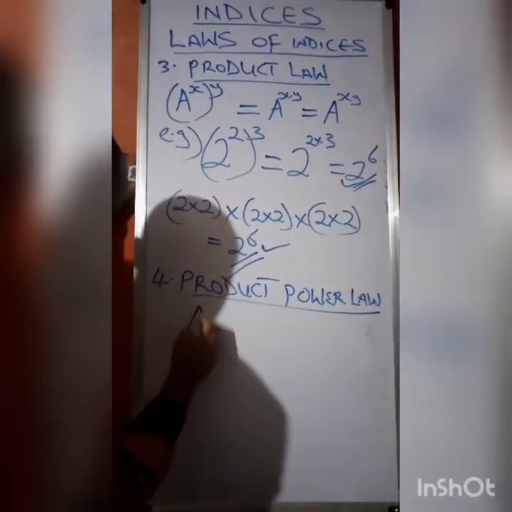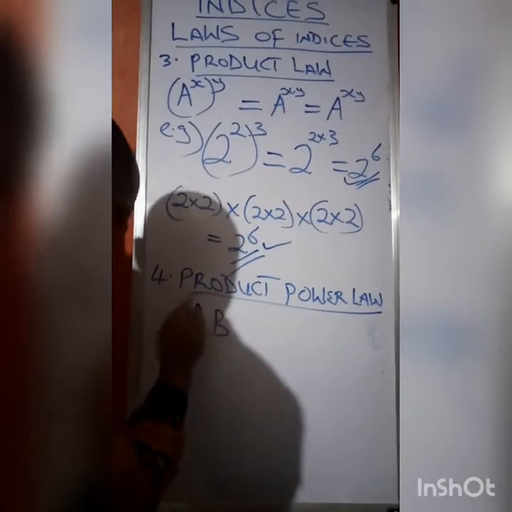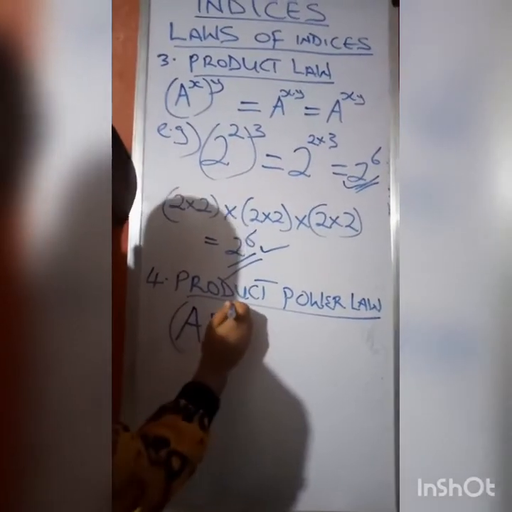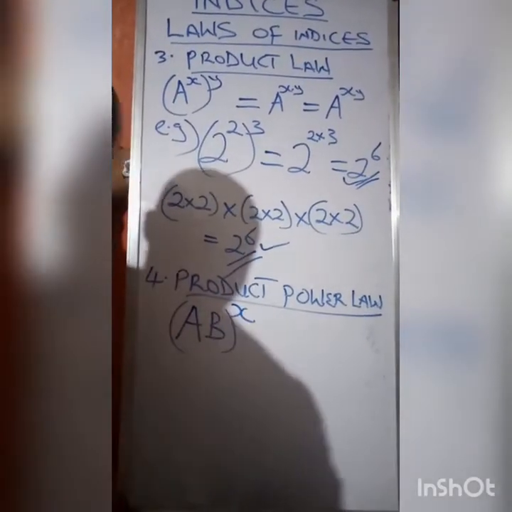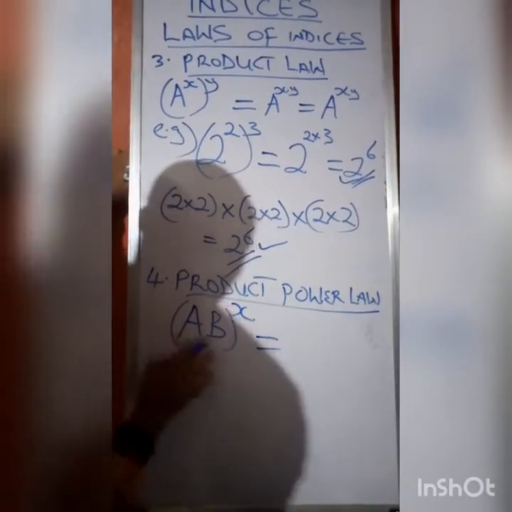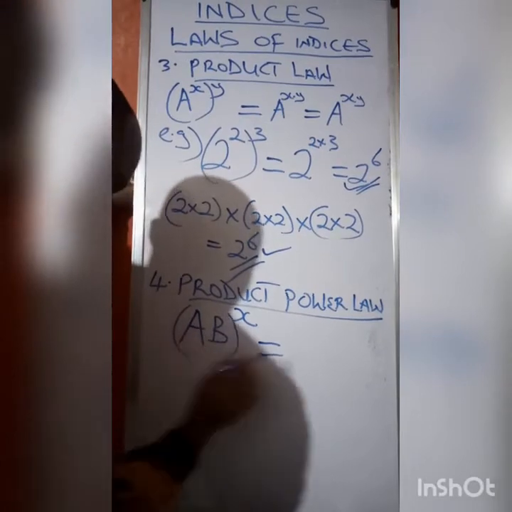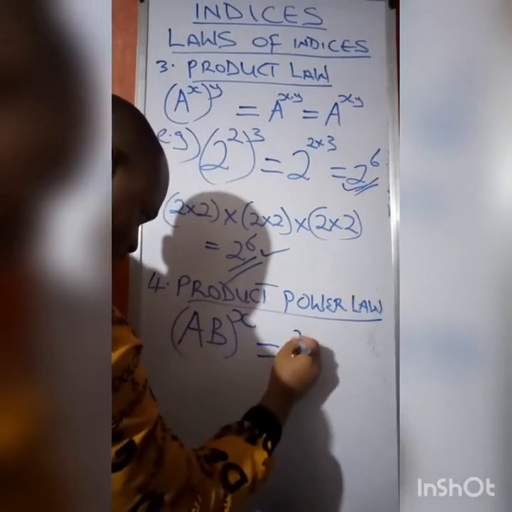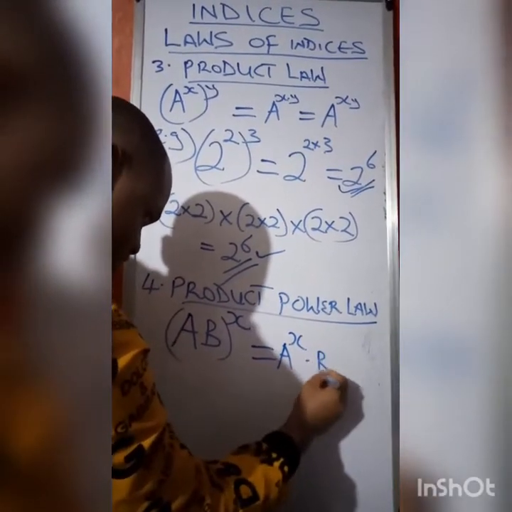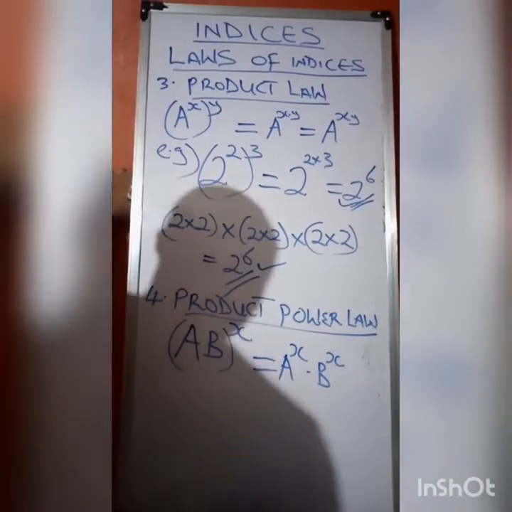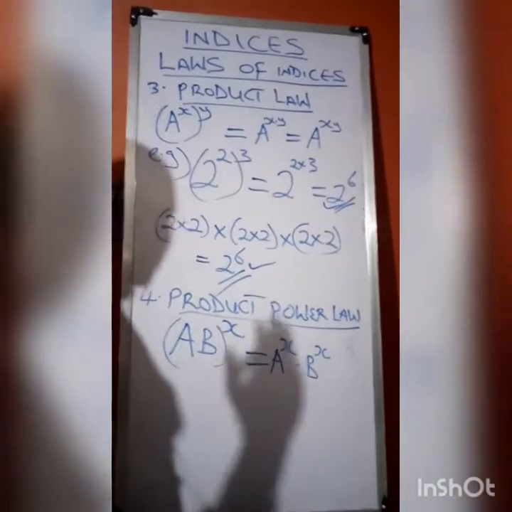Maybe I'm having a, b. AB is a product. They are raised to a certain power x. The product power says this power is going to multiply everything here. So it's the same as a to the power of x times b raised to the power x. That is the product power law.